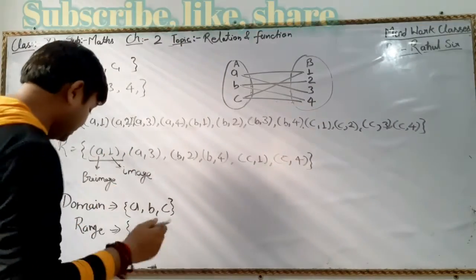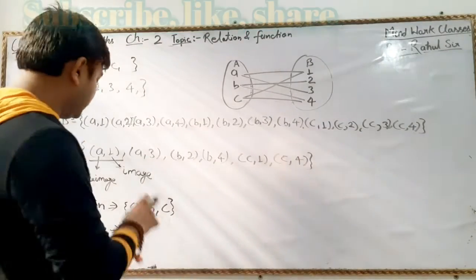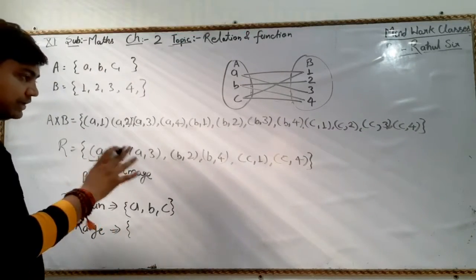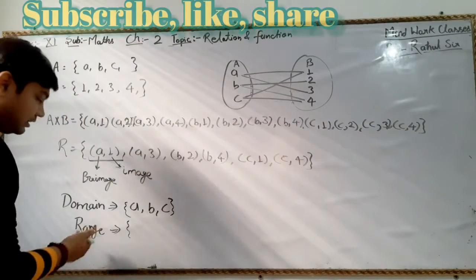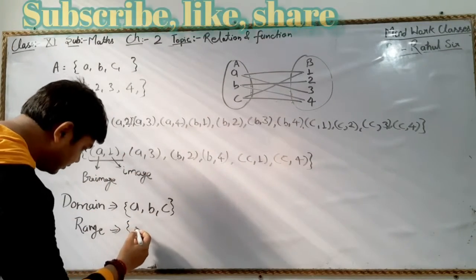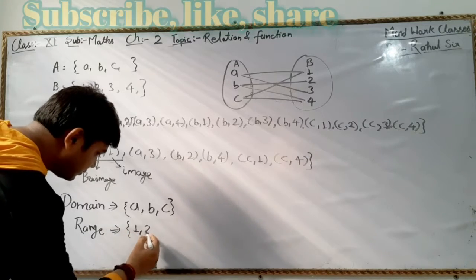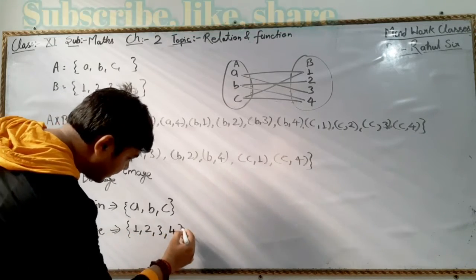Let us see, do we have all the elements here? 1, 3, 2, and 4. All of them belong to this relation. So the range will be 1, 2, 3, and 4.